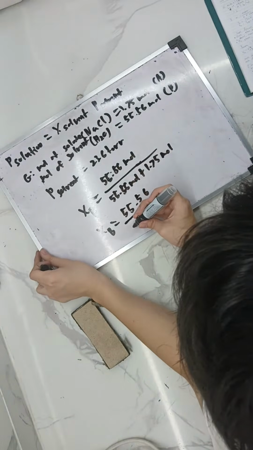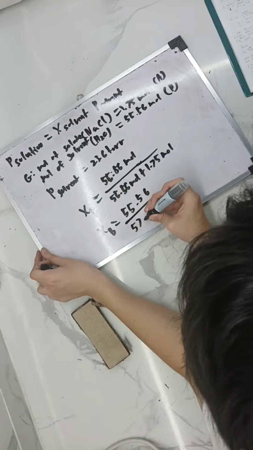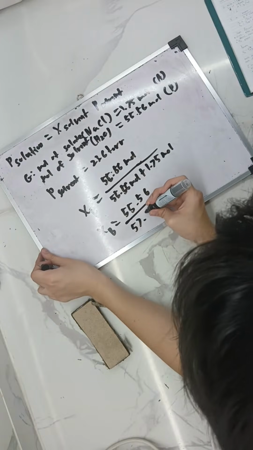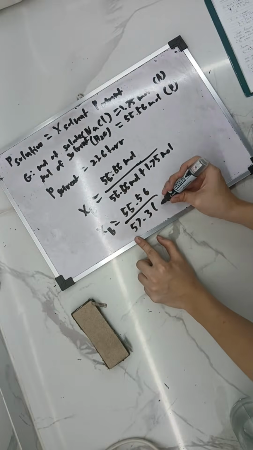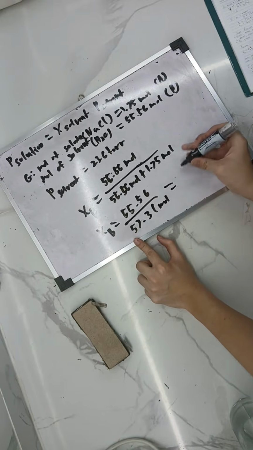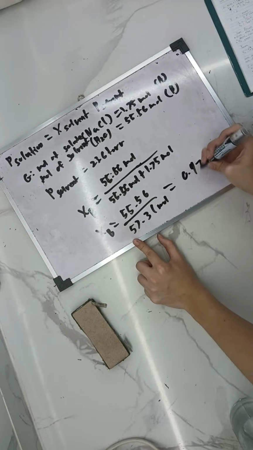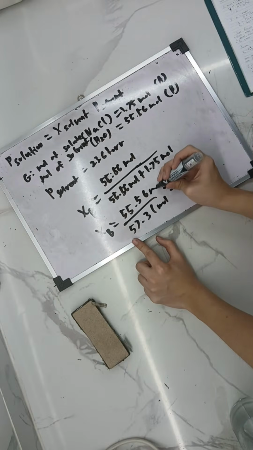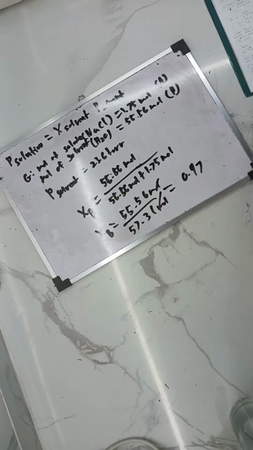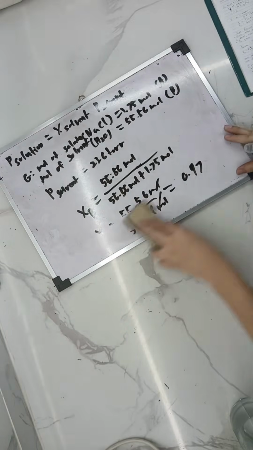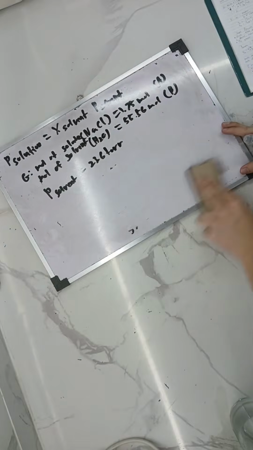So this will be simplified into, hold on, let me do the math in my head. 57.31, if I'm not mistaken, 57.31 moles, which will equal 0.97. Oh yeah, the moles cancel out. So there you go. Once you're given this value, 0.97, you're simply going to multiply it with the vapor pressure of the solvent.